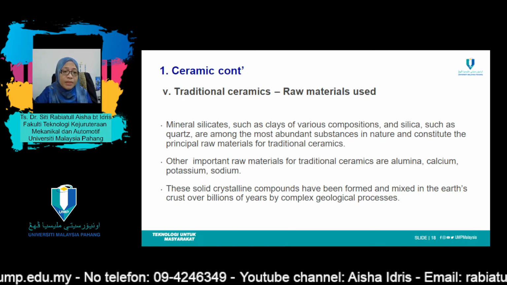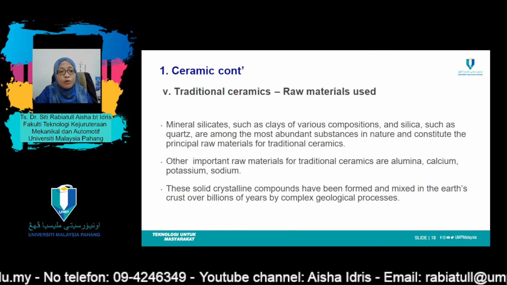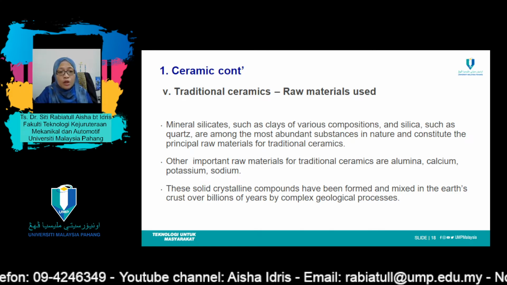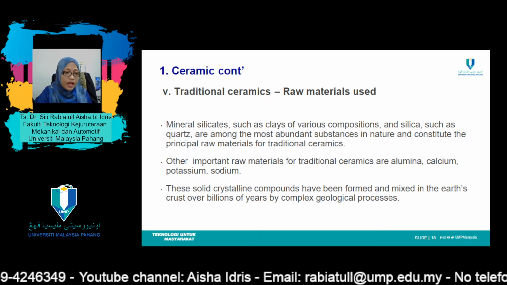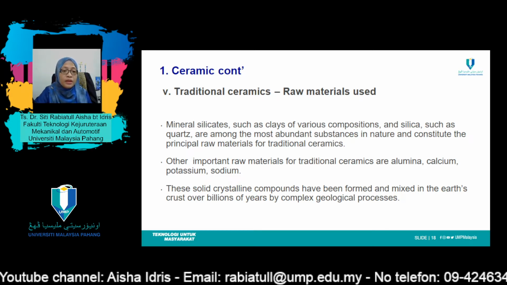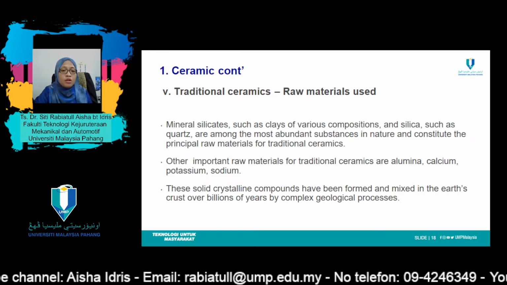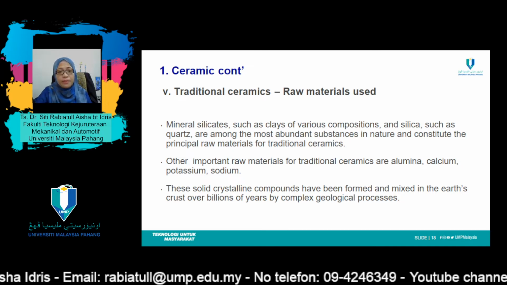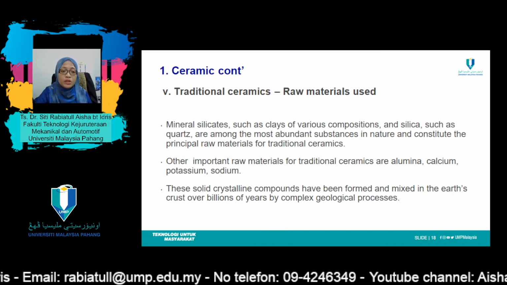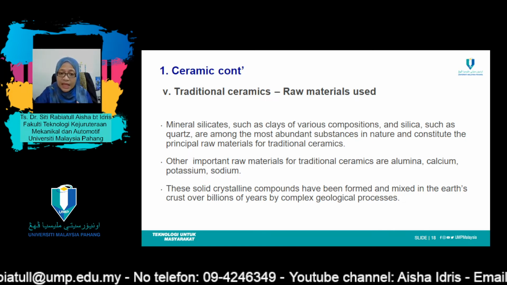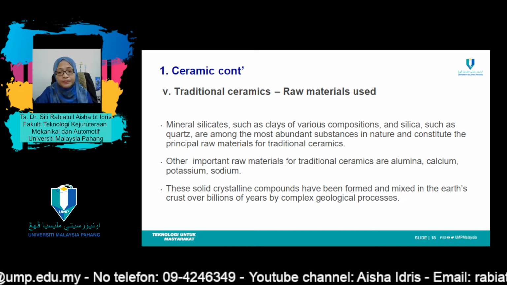Many of the silicate materials are unmodified or chemically modified aluminosilicates, although silica is also used in pure form. Altogether, the raw materials employed in traditional ceramics fall into three commonly recognized groups: clay, silica, and feldspar.